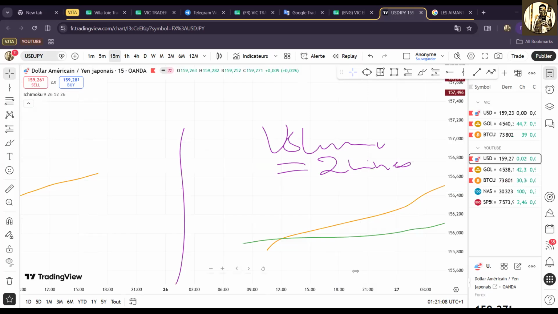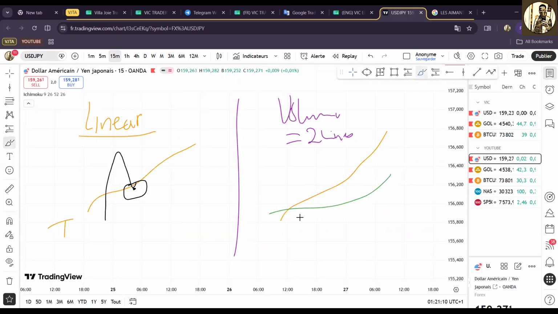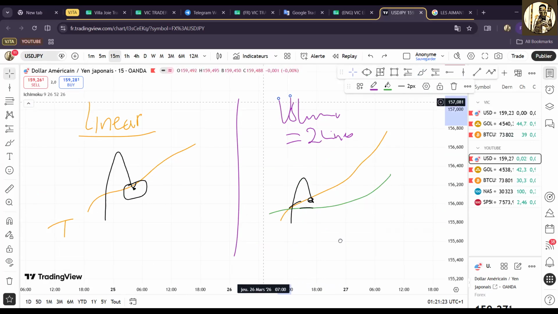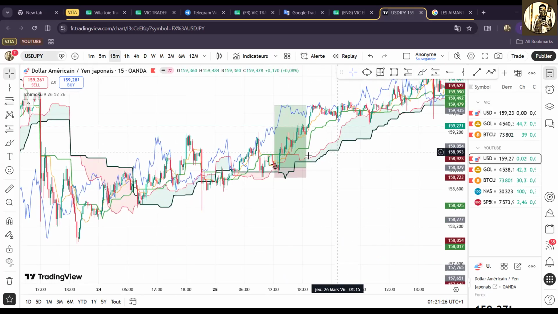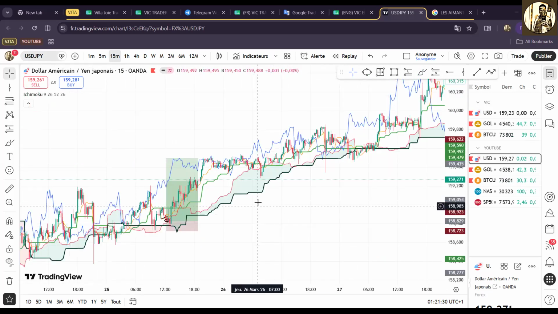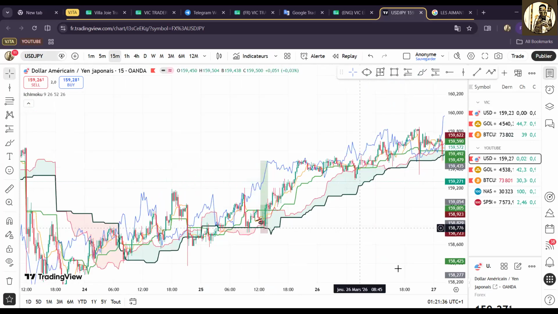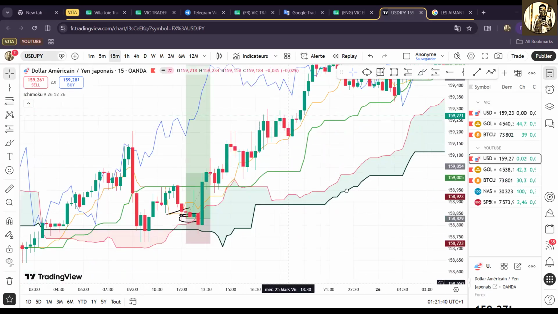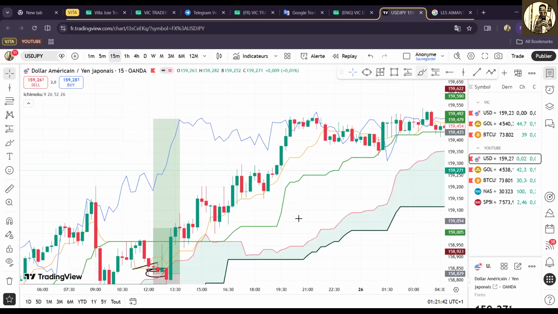Then now, you also have the fact that when Tenkan and Kijun cross, the first touch of Tenkan after the TK cross is also a very good buy. Every first touch is like a first time, and every first time is also a good time because it's novel, it's new, it's appealing.